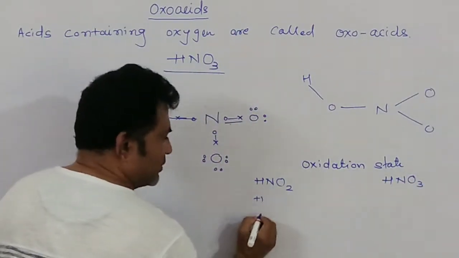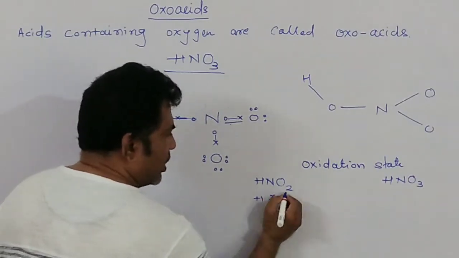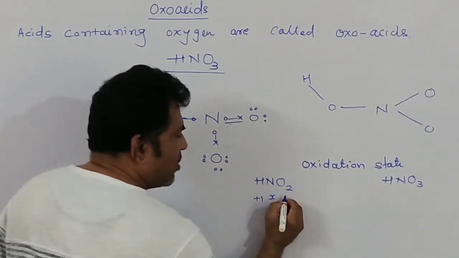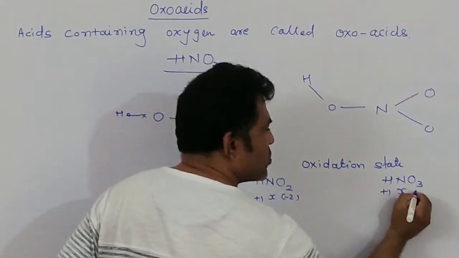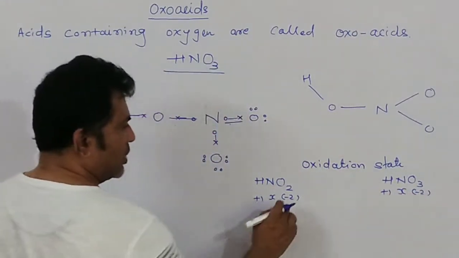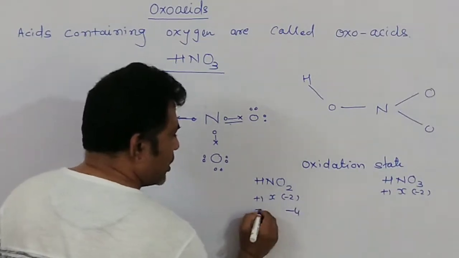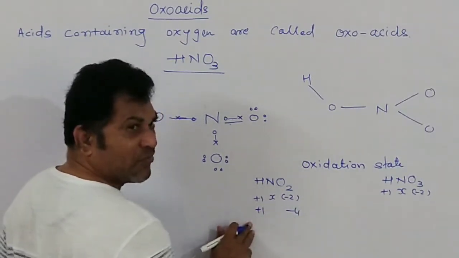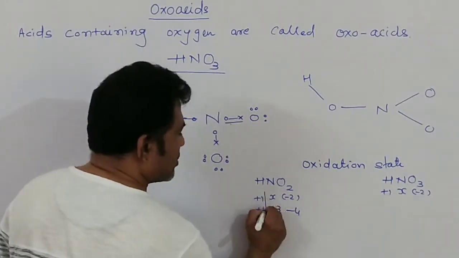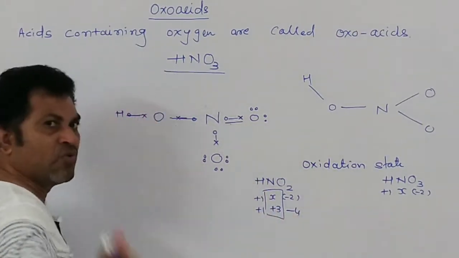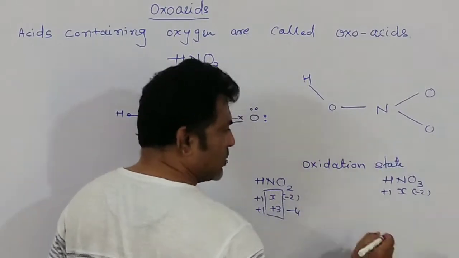Hydrogen you know +1, nitrogen don't know, and oxygen -2. Here +1, don't know, -2. 2 2s are -4, +1, -4, +1 એટલે ટોટલ કેટલા થઈ ગયા? -3. બીજી બાજુ લઈ જાય તો આ થઈ ગયા +3. You know this calculation, that's why I am showing you directly.